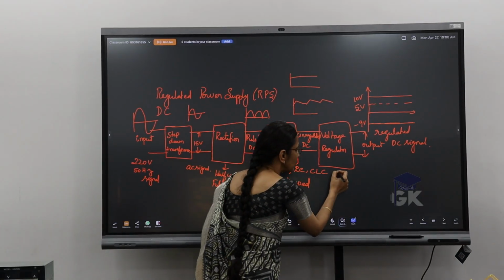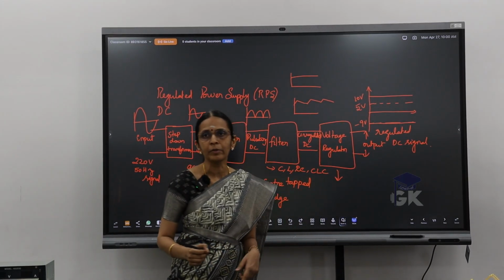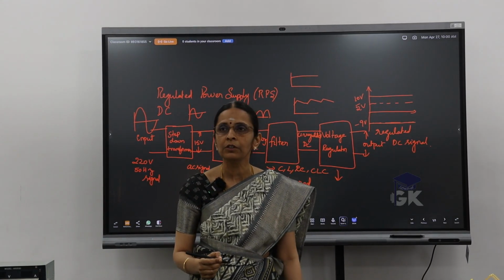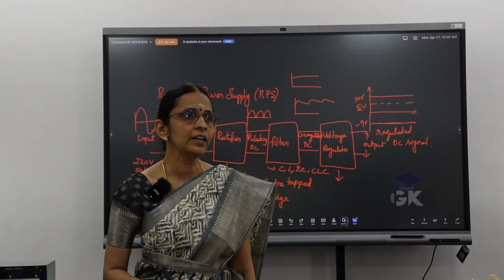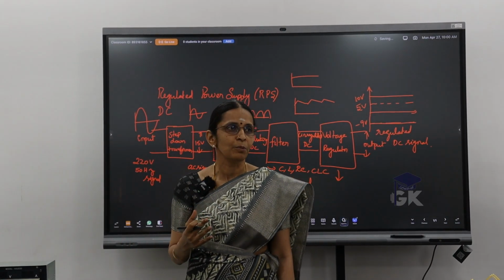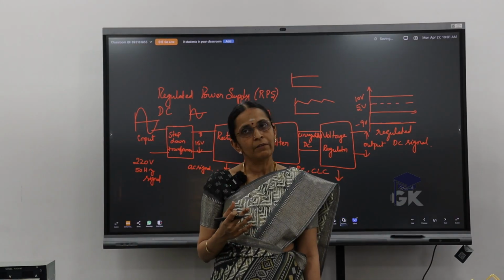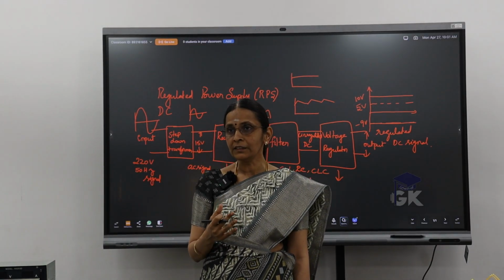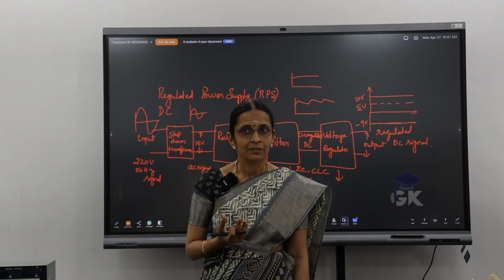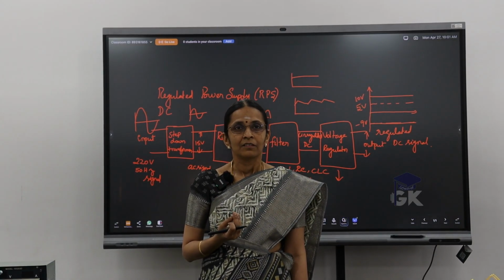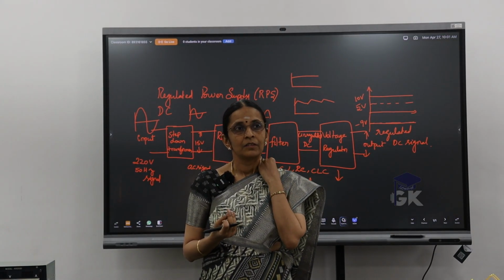Now regulator, what are all the components that can be useful for your voltage regulation? So when I talk about regulator, which component comes to your mind? 7805. If I am using an IC regulator, 7805. If I am using a diode, Zener.